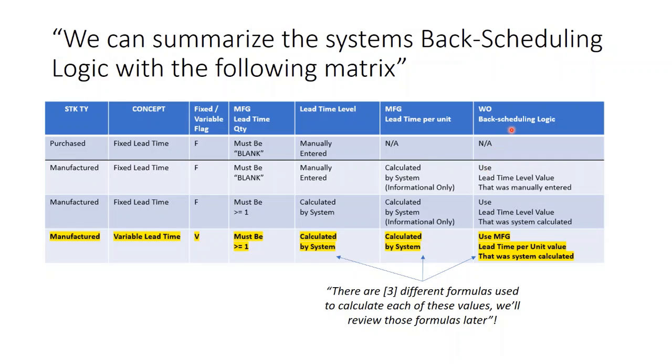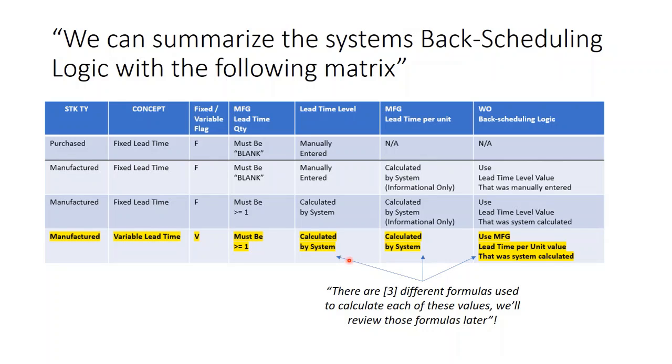When we cut a work order for a manufactured item using variable lead time, where it always takes longer to make larger lot sizes and less time to make smaller lot sizes, it would back schedule using a formula that taps into the lead time per unit value.